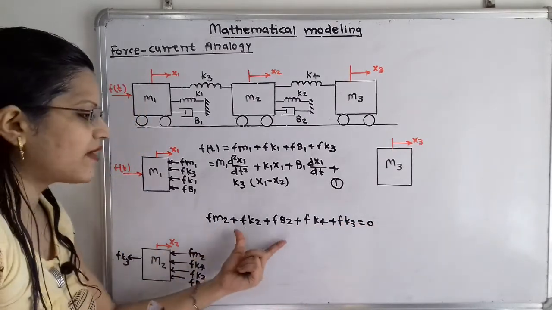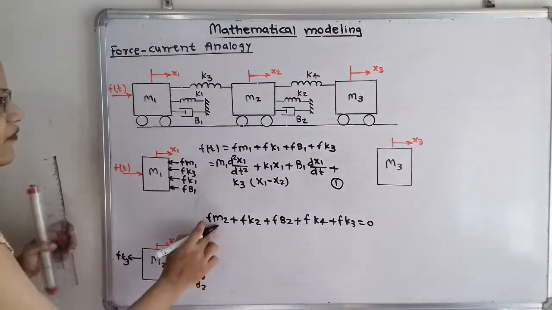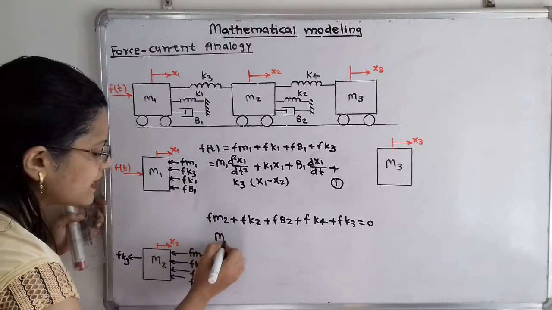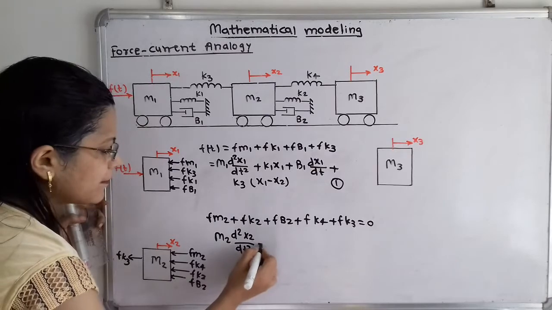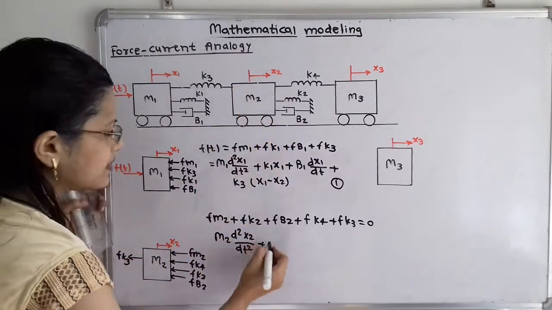Now we have to define all these forces in terms of displacement. The inertia force due to mass m2: m2 is having displacement x2. So I will write m2 d square x2 by dt square plus k2, which is connected to only m2 having displacement x2.